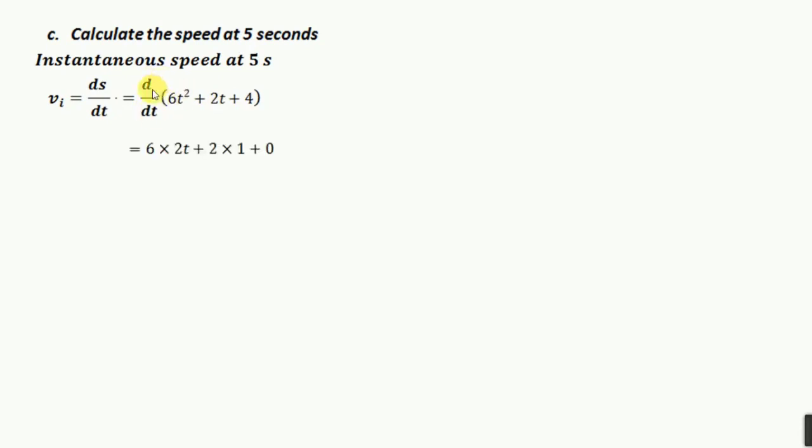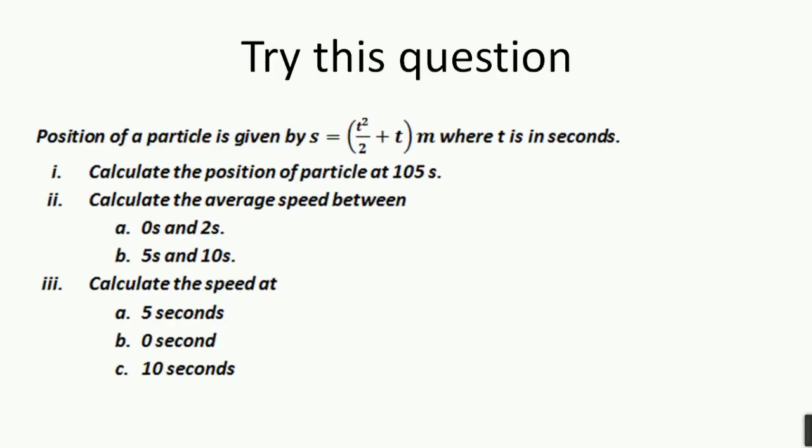Differentiation of t square is 2t, differentiation of t is 1, and differentiation of a constant is 0. So this is the equation for instantaneous speed. Now I want the instantaneous speed at 5 seconds, so I'll put the value 5 here. So v5 is equal to 62 meters per second, which is the instantaneous speed. Similarly you can try this question.